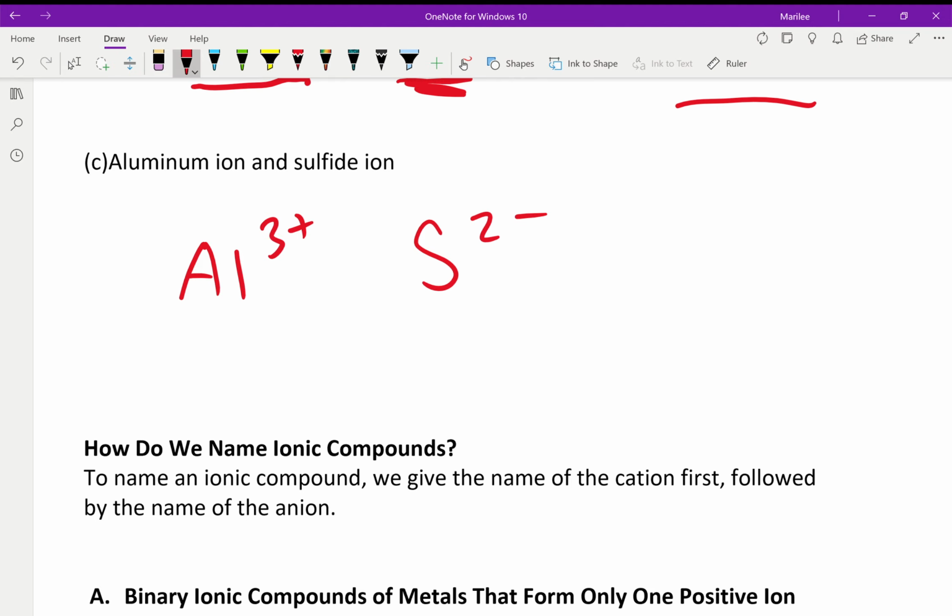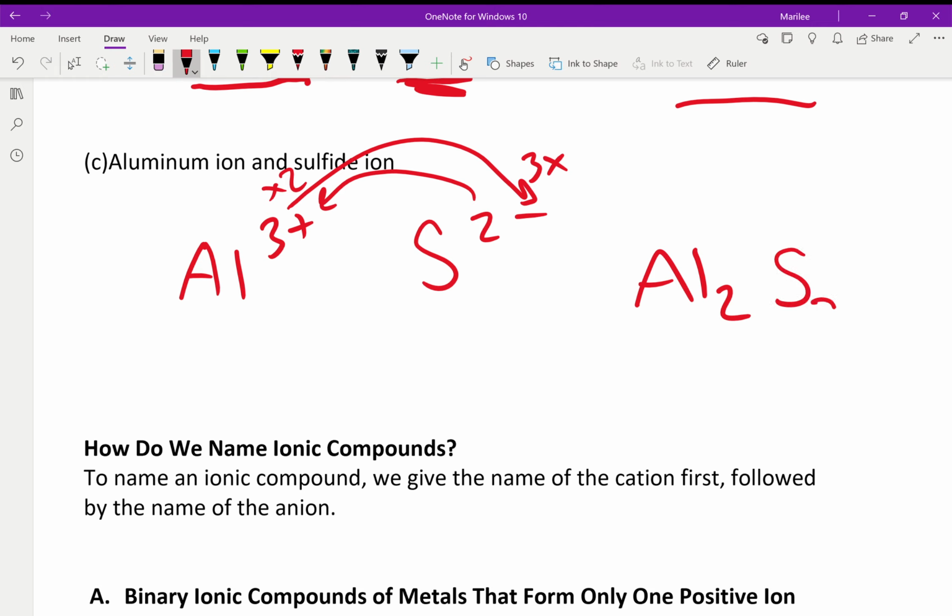We multiply the 3 with 2 and the 2 with 3. This way we will have 6 and 6 on each side, and that can cancel out. So we have 2 aluminums, right? We multiply by 2, so we have Al2, and the sulfide we multiply by 3, so that means we have 3 sulfides. This way it all cancels out.